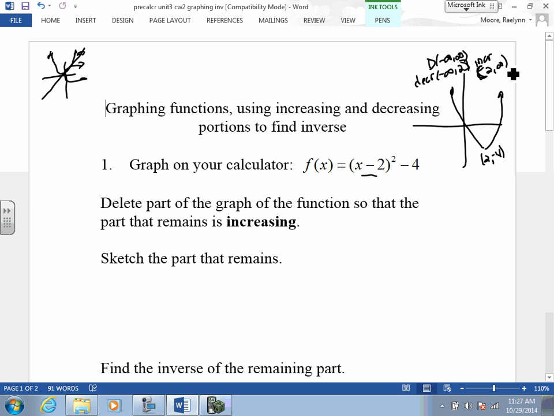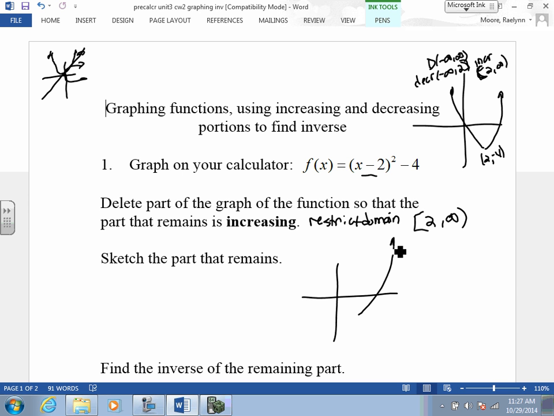We're going to restrict your domain to the increasing, to have a new domain from 2 to infinity. So all we want to look at is this piece right here. We want to find the inverse of this piece. Now the inverse is a function that will reflect over the line y equals x.